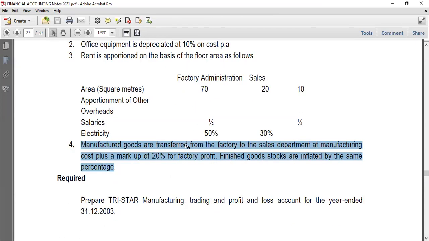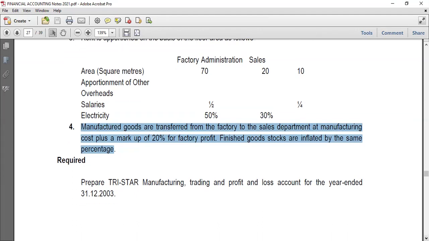You can see, for example, in this question, they were still saying that manufactured goods are transferred from the factory to the sales department at manufacturing cost plus 20% for factory profit. Finished goods stock are inflated by the same percentage, just like what we've just done. I will not do this because you already have these notes and we've covered most of these things.